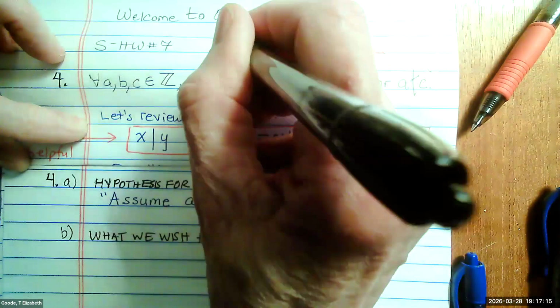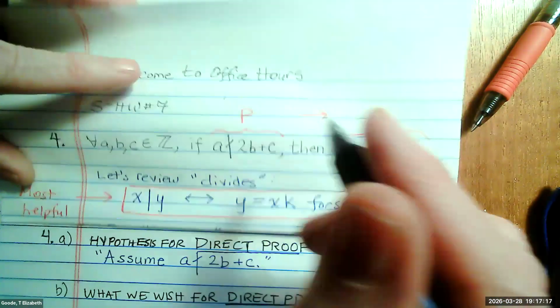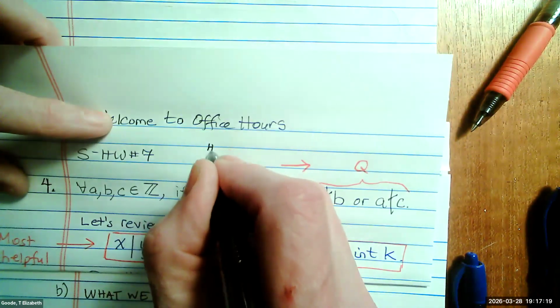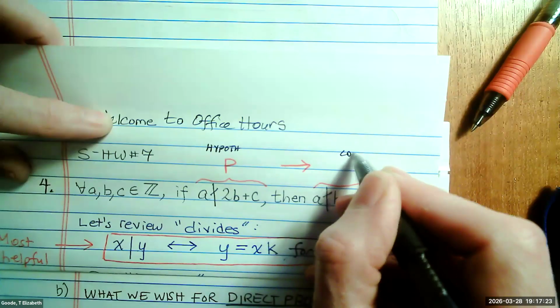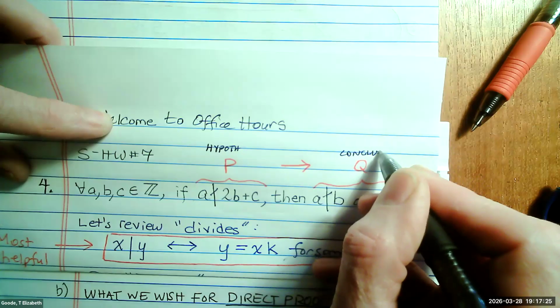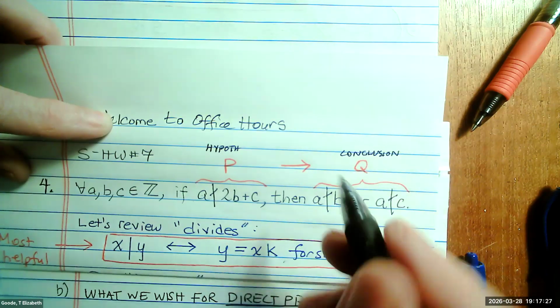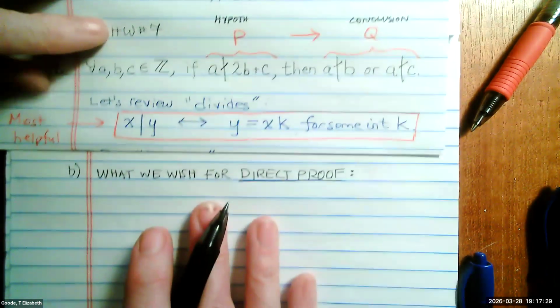So in fact, it might be helpful if I say, hey, P is our hypothesis. Q is our conclusion for direct proof, right? Yes.